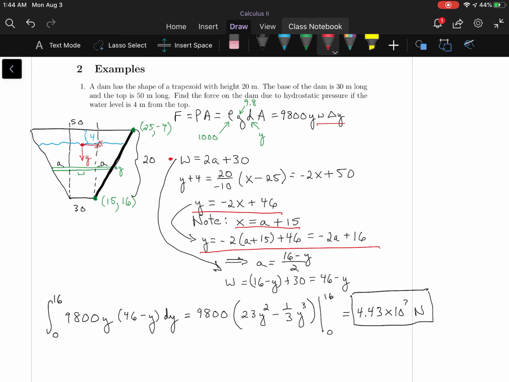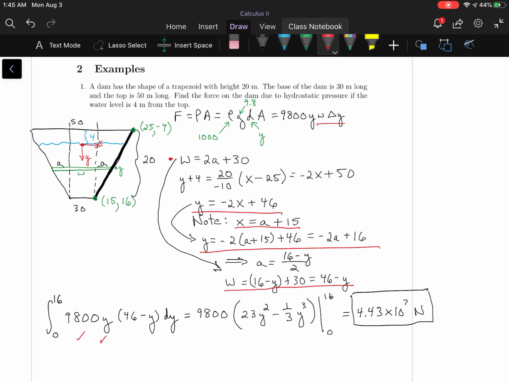And I plug a equals 16 minus y over 2 into the w formula that I put a dot next to up on top. The 2's cancel out, and I have 16 minus y plus 30, which simplifies to w is 46 minus y. So now I have w in terms of y. And I plug that back into the force equation that I had started setting up on top.